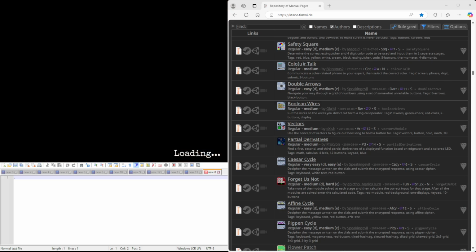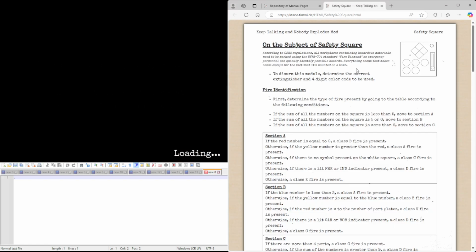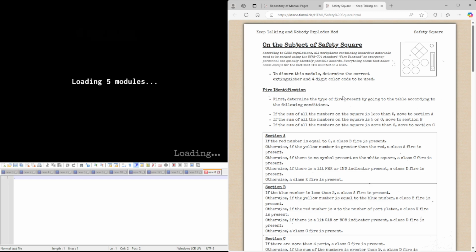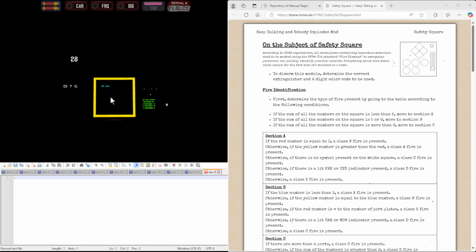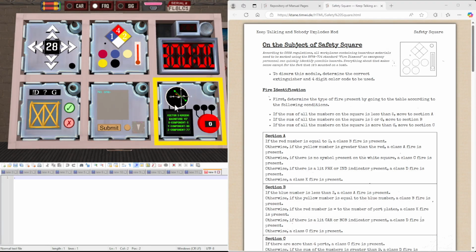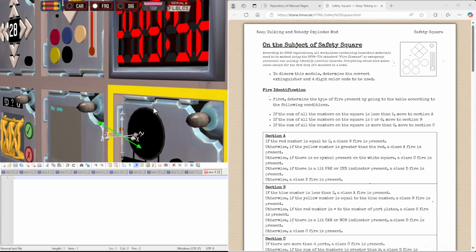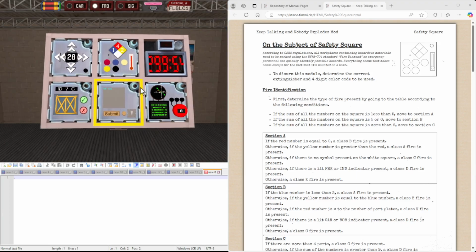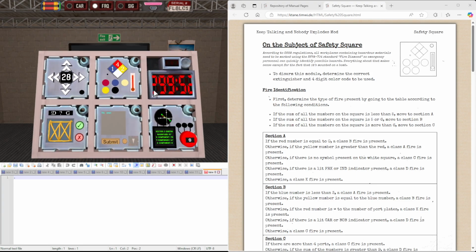Let's get started. Great, we've got 3 vectors on vectors.